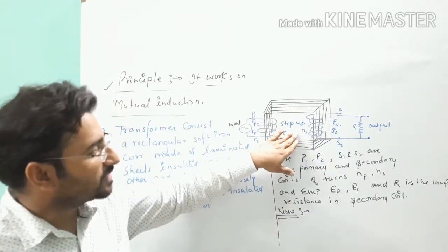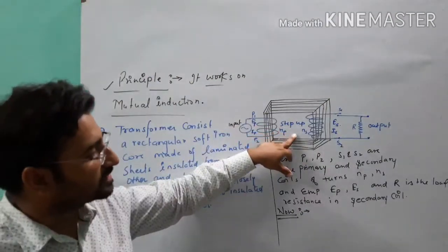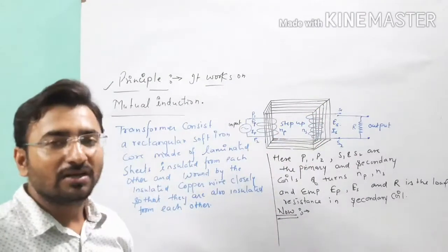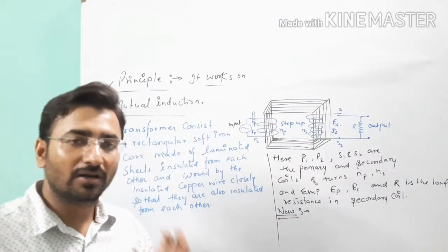So when the magnetic flux linked with the primary coil changes, at the same time the same magnetic flux will change in the secondary coil per turn.